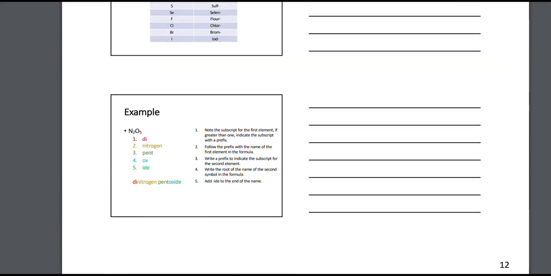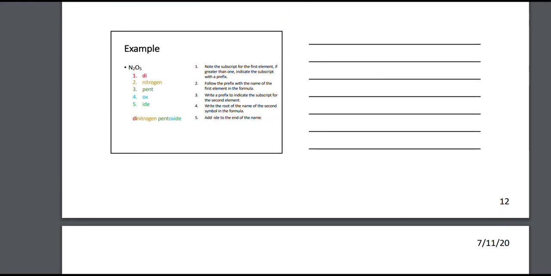Okay? So dinitrogen pent, I'll be removing the A, right? Because the second element, oxygen, starts with a vowel. So I'll be dropping the A from the penta. So it's pent. The root for the element oxygen is ox.